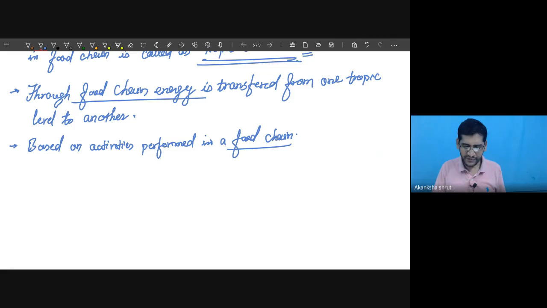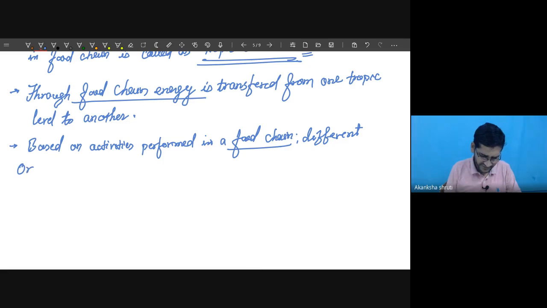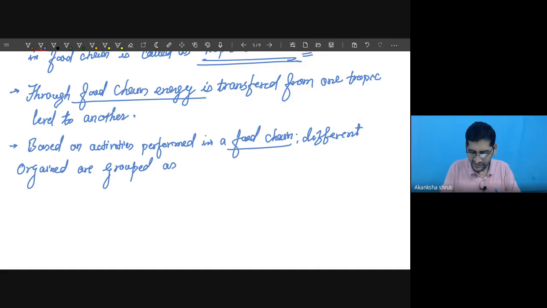Based on the activity performed in a food chain, different organisms are grouped. One is called the producer.